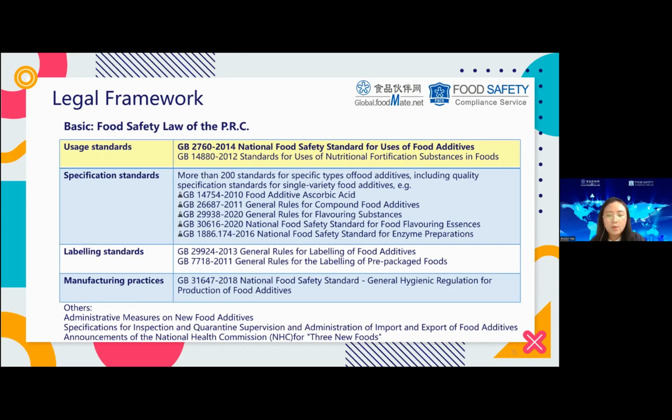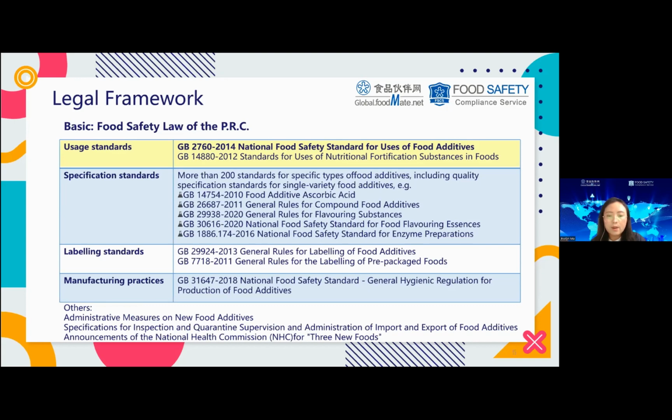Another point worth mentioning is that the GB2760 doesn't include the newly registered or approved food additives after 2014. Any food additives registered or approved after 2014 will be included in the individual announcement by the competent authorities.